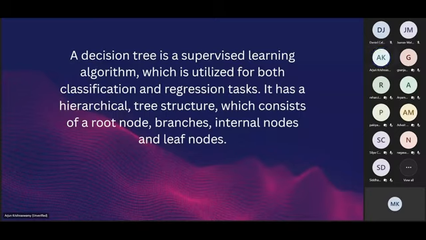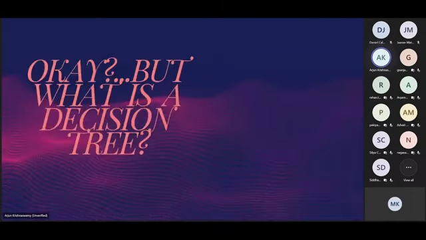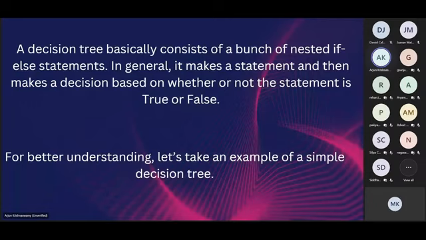So, what exactly is a decision tree? So far, we just learned a formal definition of it. In simpler words, a decision tree basically consists of a bunch of if-else statements. Since we already had a session on Python, I'm pretty sure you guys are familiar with what an if-else statement is.